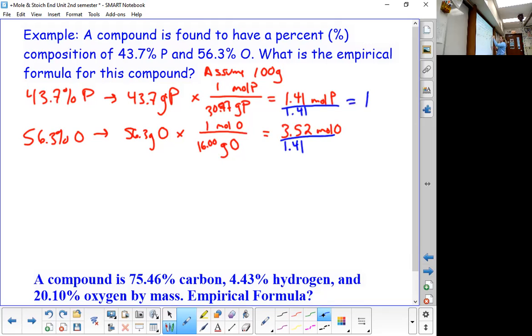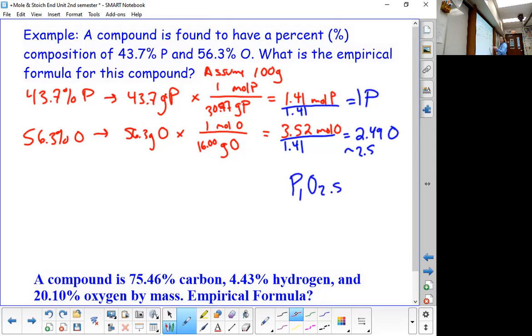So we have relatively 1 phosphorus to every 2.49 oxygens, which is about 2.5. So it would be written as P1O2.5. That's the lowest ratio here, but then you multiply until you have all whole numbers.